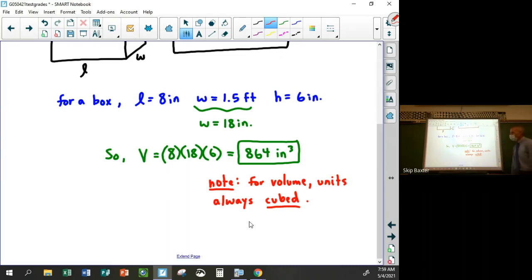Okay. Another thing they might do is instead of giving you length, width, and height, they might give you 2 out of 3, and give you the volume and say, find the missing one.